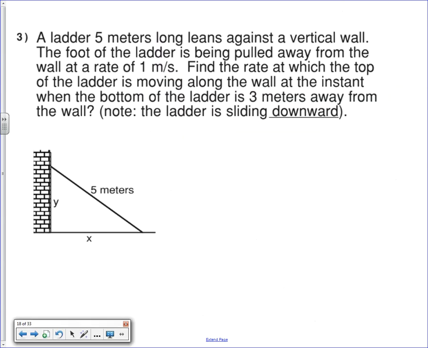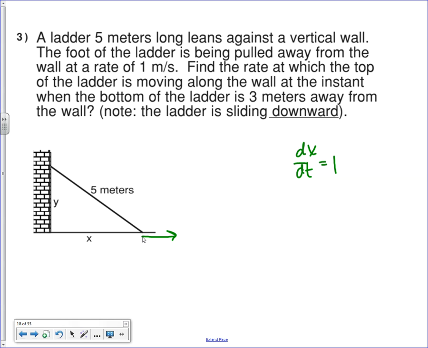Okay, next one we have another, a ladder problem. This is very similar to what we did in class. A ladder 5 meters long leans against a vertical wall. The foot of the ladder is being pulled away, that way, from the wall at a rate of 1 meter per second. So that would be dx dt is 1.